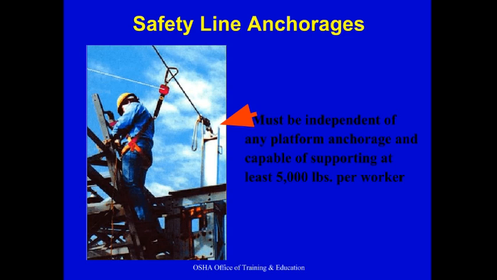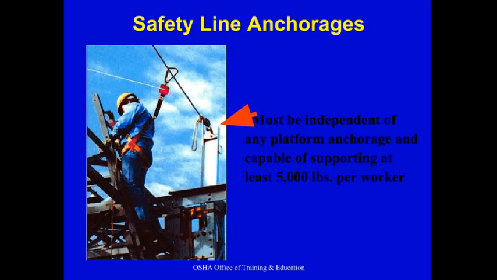The 5,000 pound per worker requirement seems like a lot, but it really is a pretty reasonable number when you think about how heavy equipment and materials are in the construction industry. And if you have two workers attached to that, it would have to be rated for 10,000 pounds. It's very common that contractors realize they're going to have more than one person attached to it.